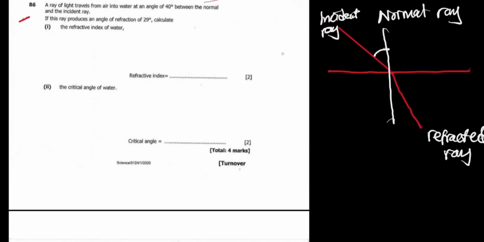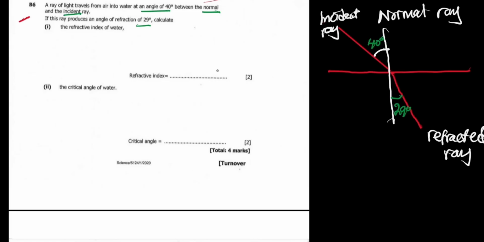So this angle here, according to the information given, is 40 degrees because it is between the normal and the incident ray. Now, the ray produces an angle of refraction of 29 degrees. The angle of refraction is the angle between the normal and the refracted ray. So this is going to be 29 degrees. So this is the information that we have.